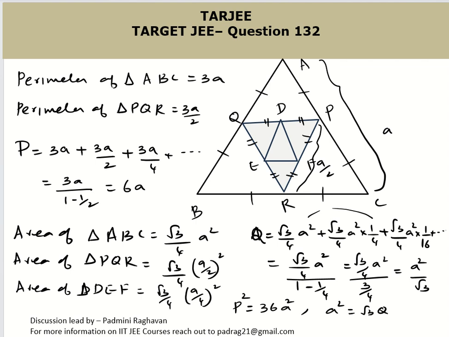If you cross multiply this root 3 to this side, you get A square is equal to root 3Q, and P square is equal to 36A square. So if you replace, you get P square is equal to 36 into A square, that is 36 into root 3 times Q. This is the relationship between P and Q.